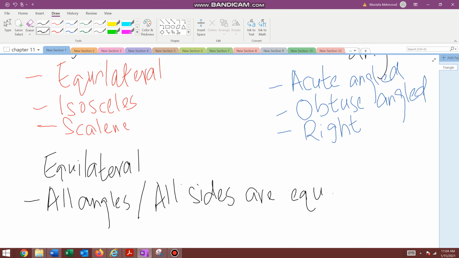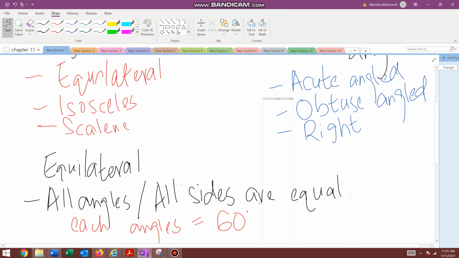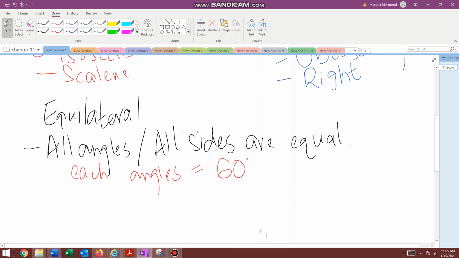So if we remember, in polygons, an equilateral triangle would be considered a regular polygon. Okay? So since all angles are equal and the sum of all angles in a triangle is 180 degrees, in an equilateral triangle, each angle is equal to 60 degrees. Okay? Now moving on to isosceles.